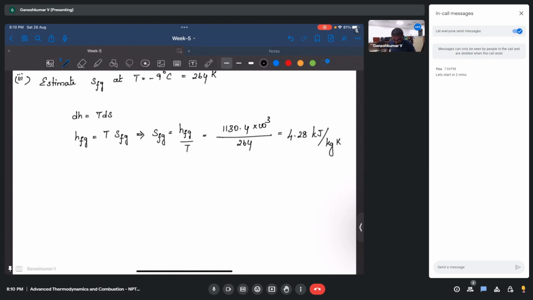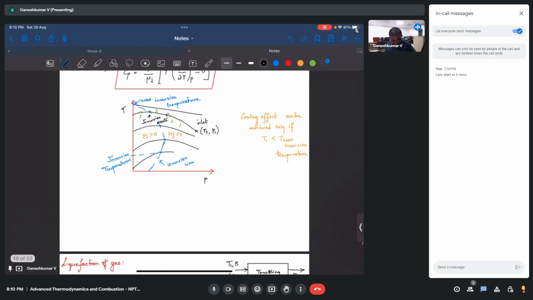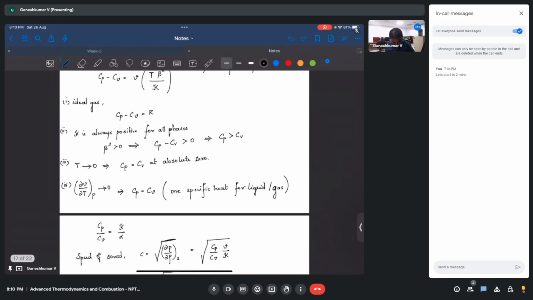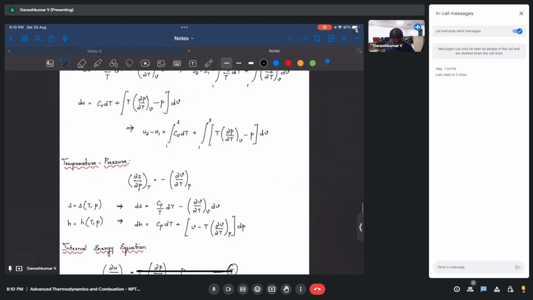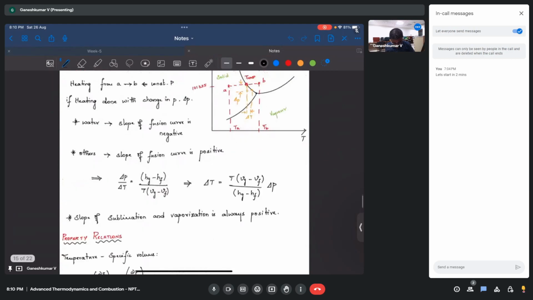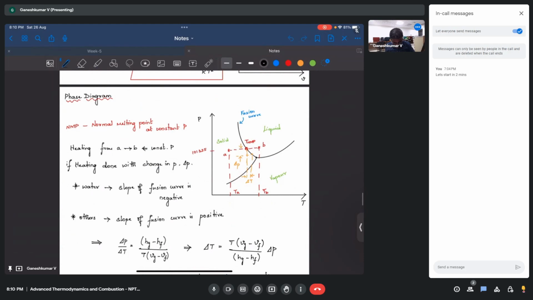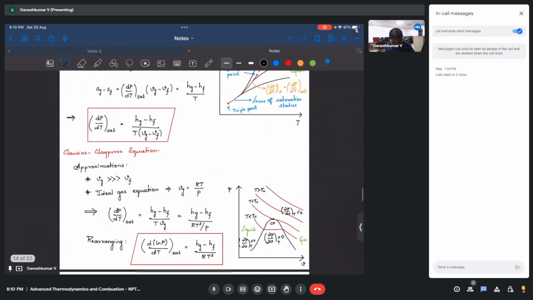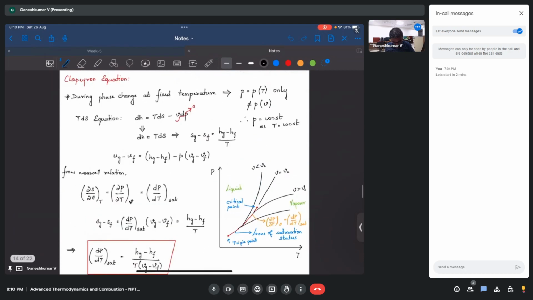This is one way. There is also another way, from the Clapeyron equation, right? So let me take a look at the Clapeyron equation. If you remember, before we get h_fg, we get another form of equation.